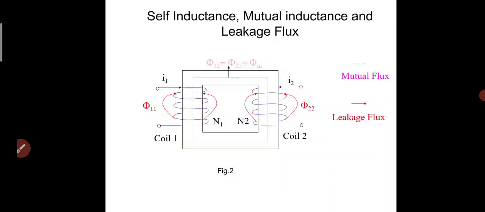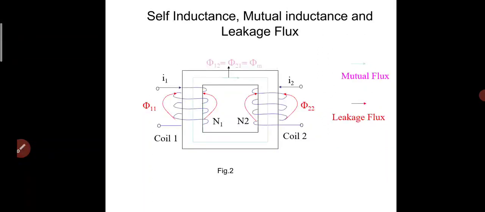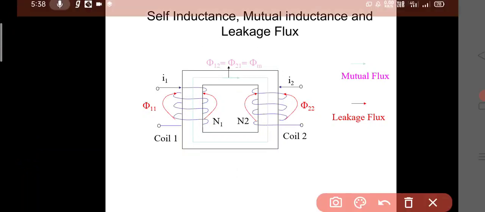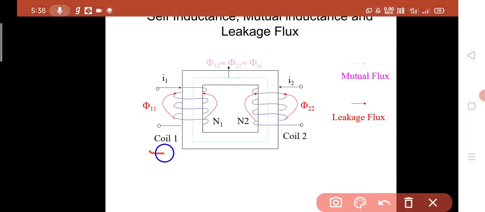So the next topic is self-inductance, mutual inductance and leakage flux. See the diagram. This is coil 1, this is coil 2.